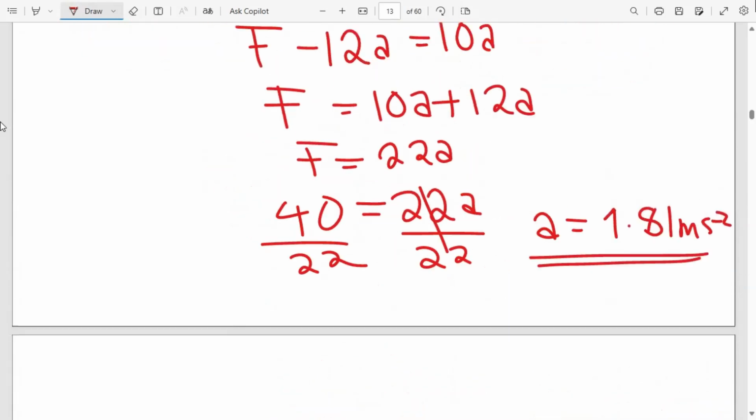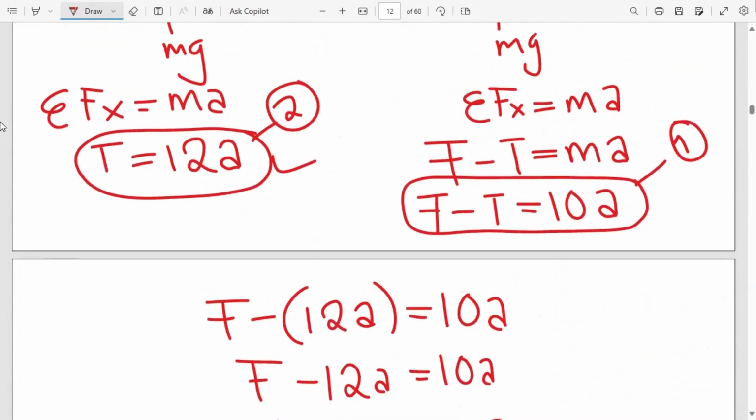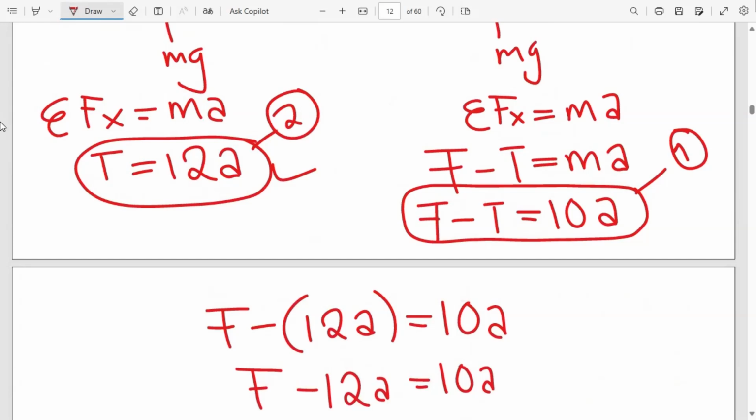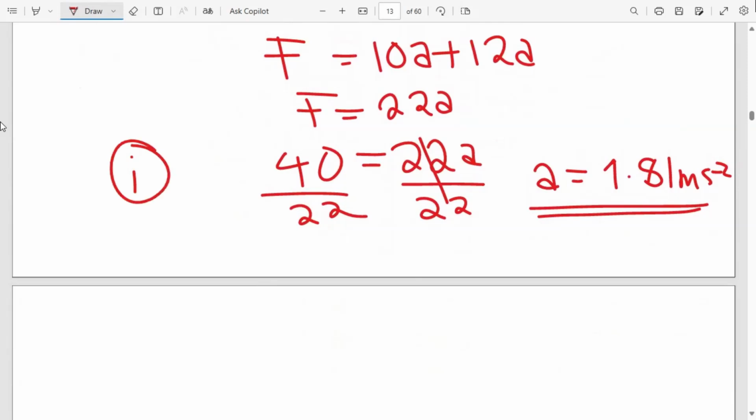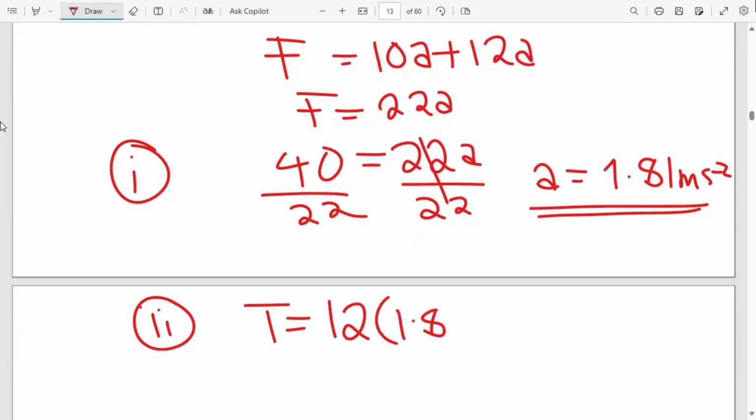And we can get this value of acceleration now and plug it in to find the tension that is in the string. So I'll say this was part 1. Let's go to part 2. Tension will be equal to 12a. And what is our a? 1.81.